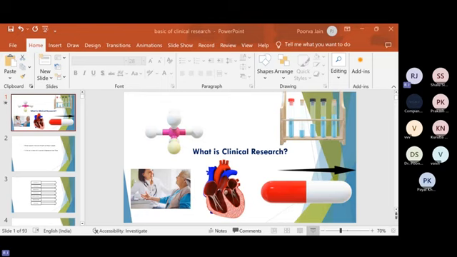The first of them is treatment research. With the name itself you can understand that we are doing something with treatment. In treatment clinical research, we try to identify new treatments. The second one is prevention research, which is anything done for prevention purposes. In prevention research, we try to identify ways to prevent infection.